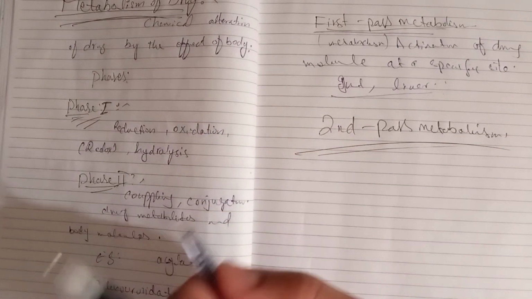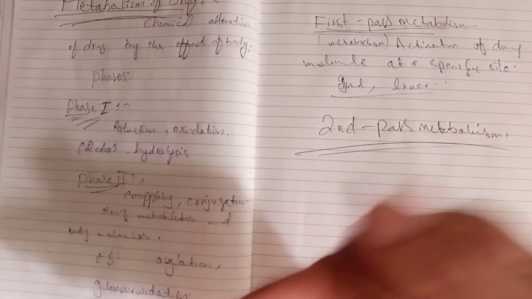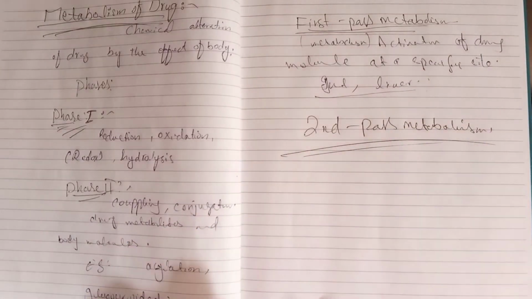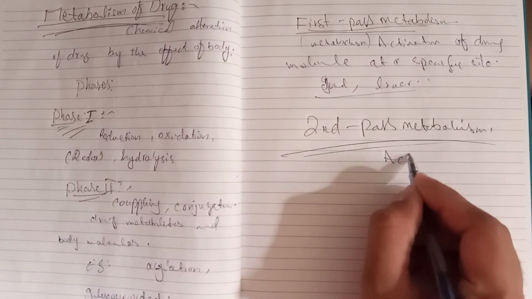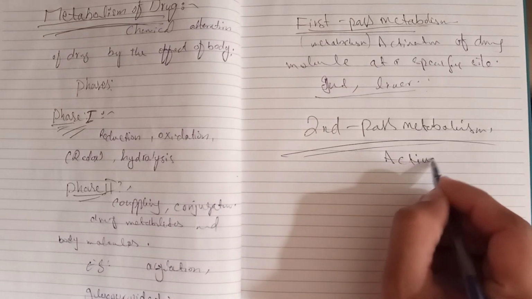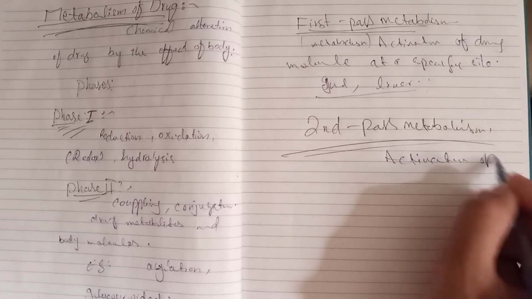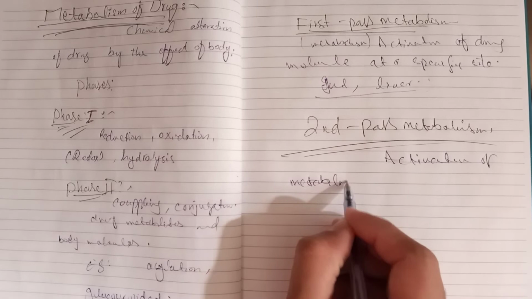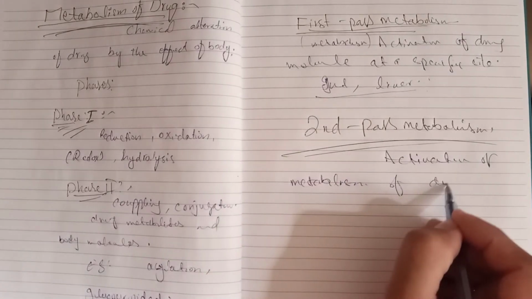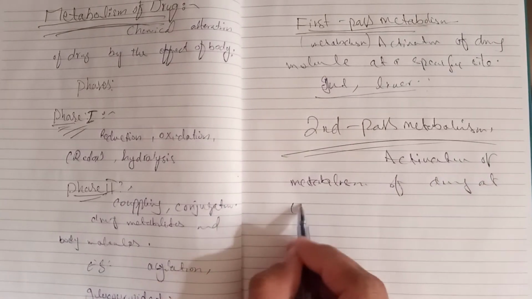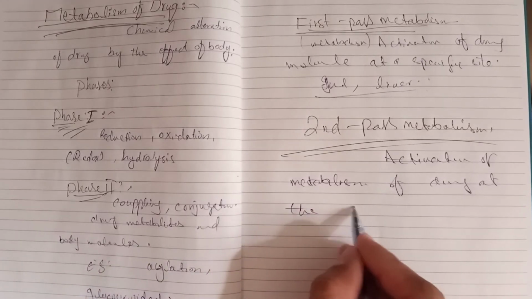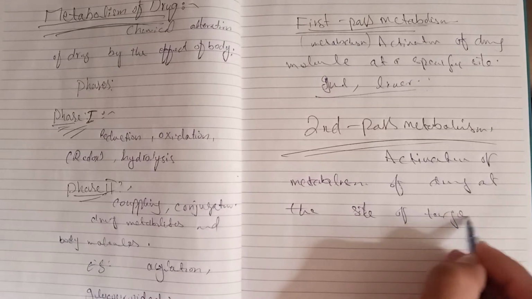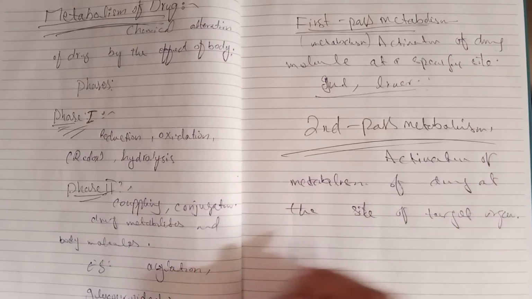Second pass metabolism is the activation or metabolism of the drug at the site of the target tissue, at the target point, the target organs. So this is the second pass.